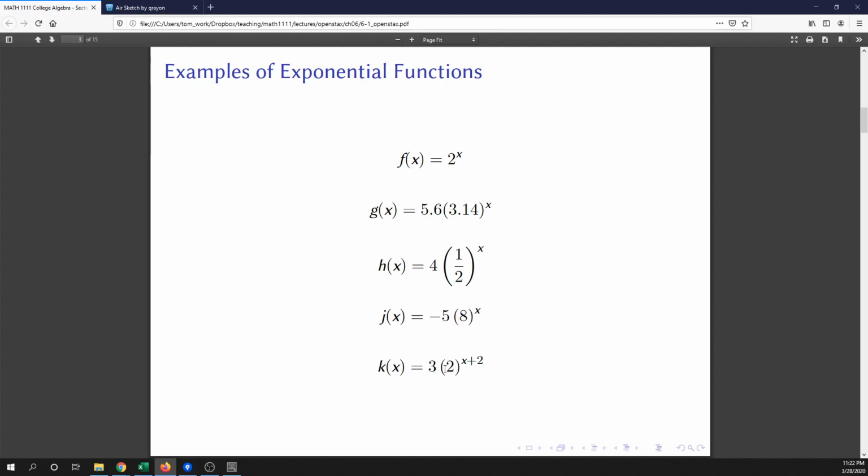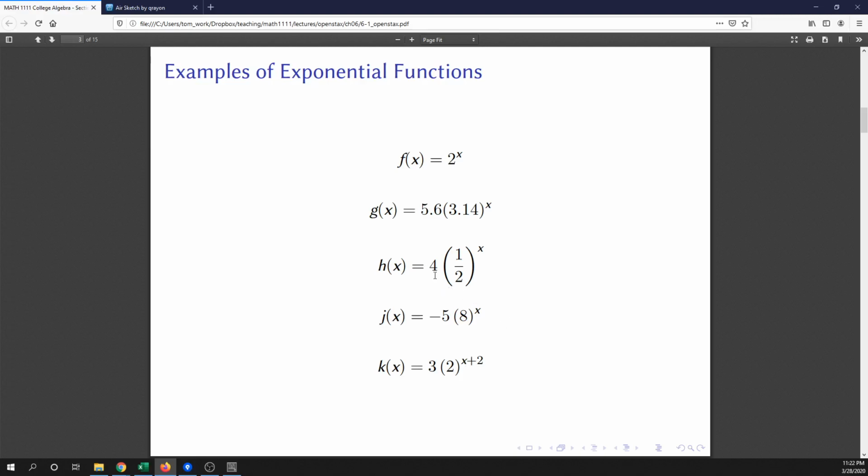For instance, on this one, if I wrote 32 to the x plus 2, you couldn't really tell if it was 32 to the x plus 2 or 3 times 2 to the x plus 2. So that's why a lot of times you'll see these in parentheses. Number one, it would be easier to read, and sometimes it's ambiguous if you don't put that. You're not really sure what the base is.